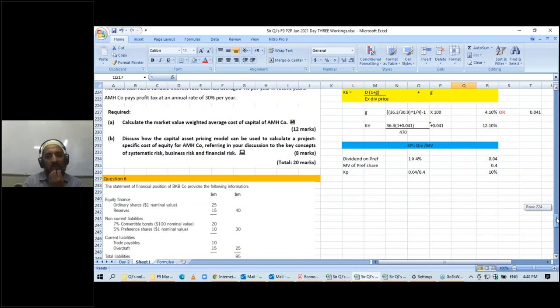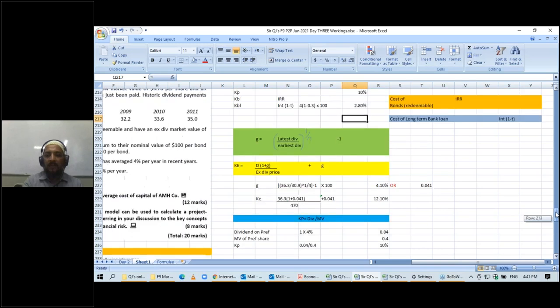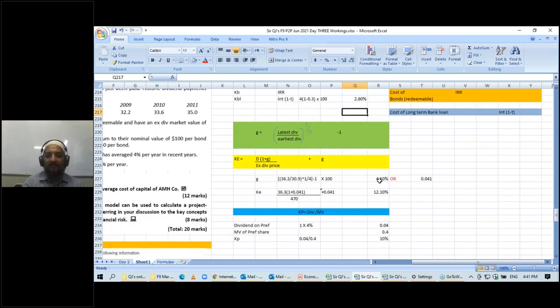So the cost of bonds will be calculating the internal rate of return, the IRR. I hope you remember the formula for IRR. Obviously you would.